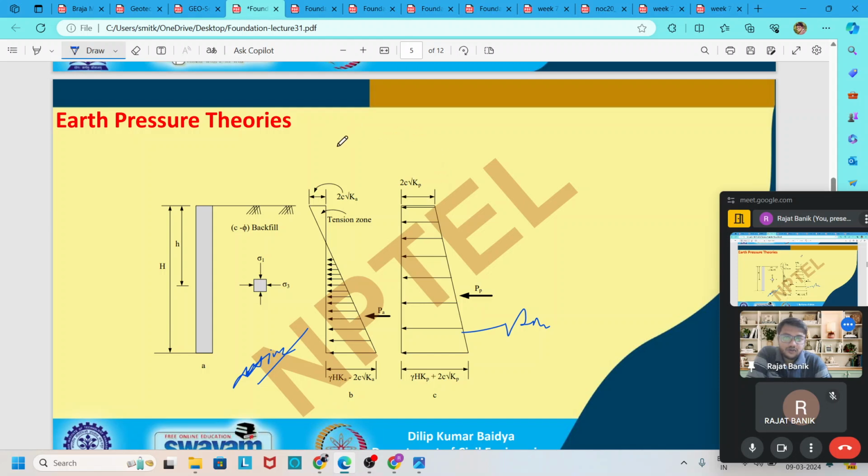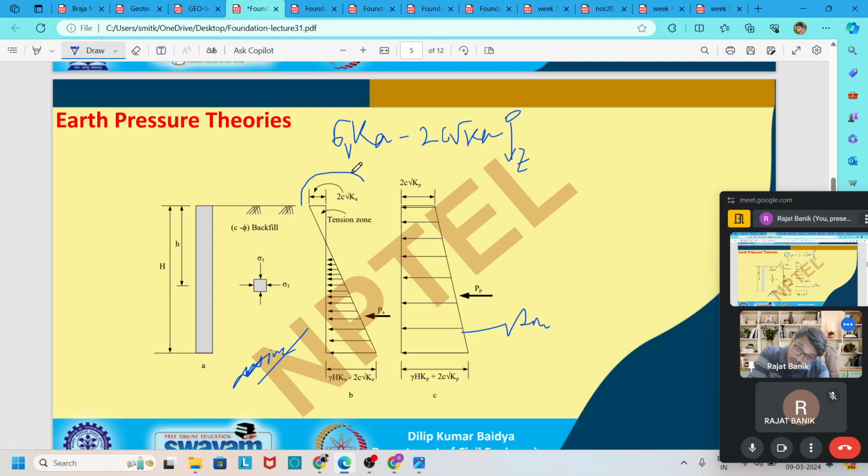For the active case, sigma v Ka minus 2c root Ka. If you plot this equation with respect to z, the depth from 0 up to a certain depth z, then the pressure diagram becomes like that.